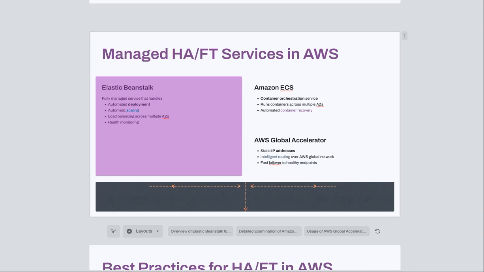And then we've got Amazon ECS, Elastic Container Service. It's a container orchestration service that runs containers across multiple availability zones, with automated container recovery, right? And the other thing is AWS Global Accelerator. It has static IP addresses, does intelligent routing over the AWS global network, and it's usually a fast failover to healthy endpoints, right?